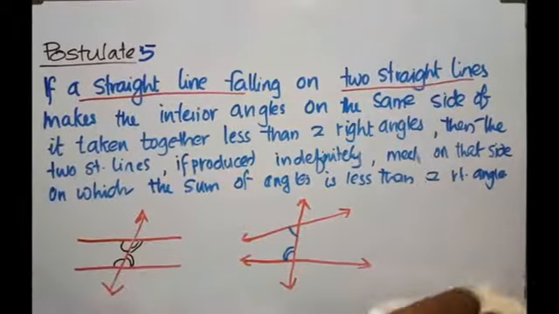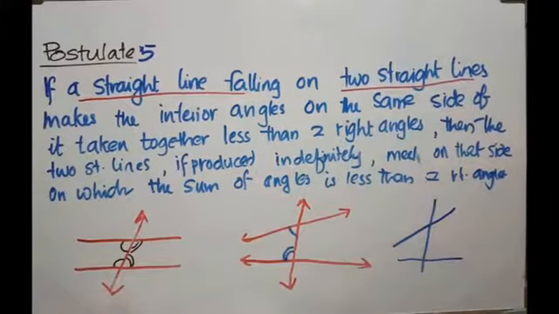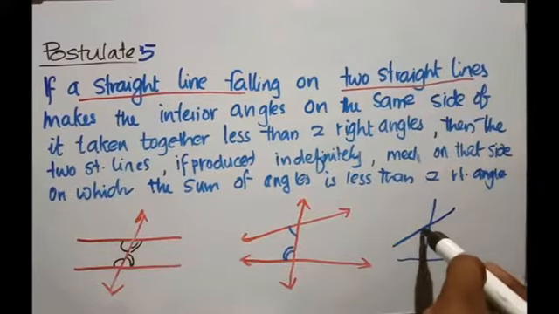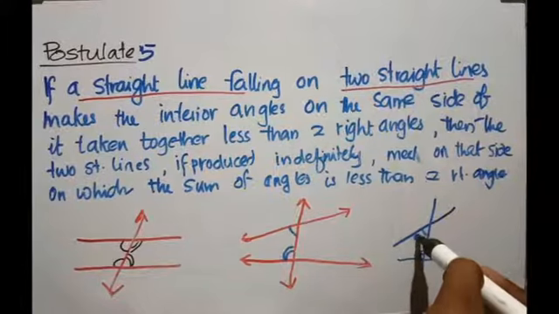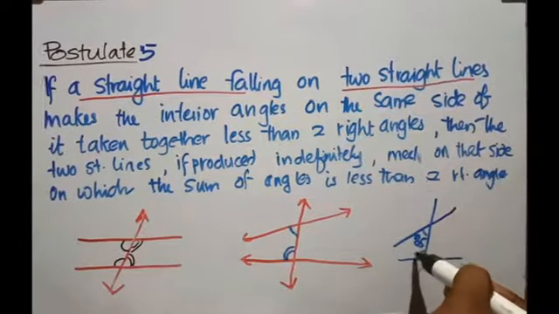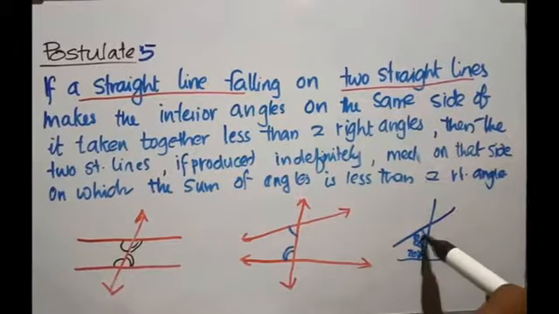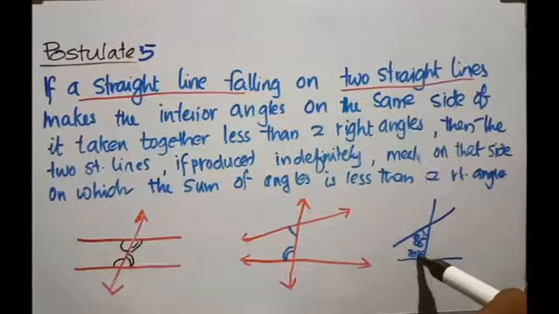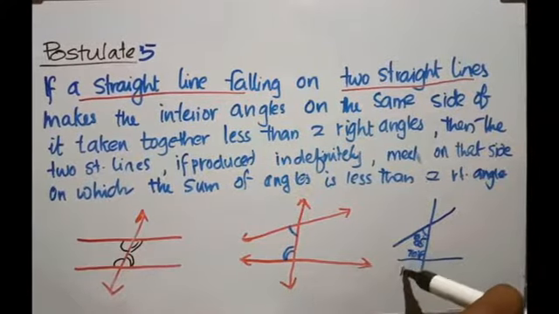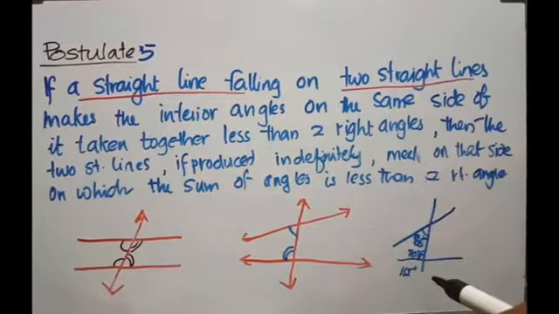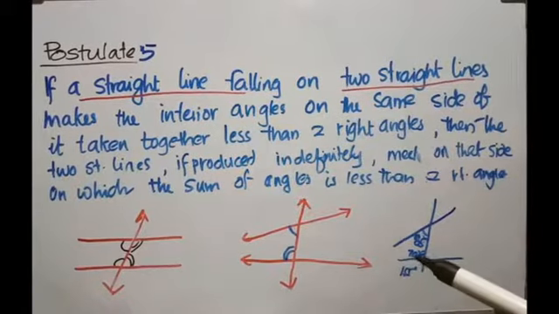For example, I'm taking an angle here and another one here. Suppose this angle is 85 and this angle is 70. Their sum is 85 plus 70, which is 155. It is less than two right angles, meaning it's less than 180 degrees.